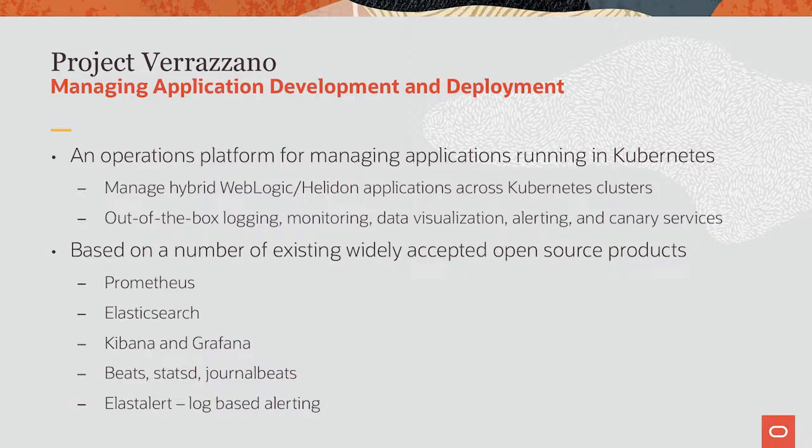It allows you to manage WebLogic applications, Helidon applications, or anything else in a Kubernetes cluster. And it allows you to do that in a hybrid environment. So you can have some Kubernetes clusters on premises, other Kubernetes clusters in Oracle Cloud or in third-party cloud environments, and then have one management infrastructure for both.